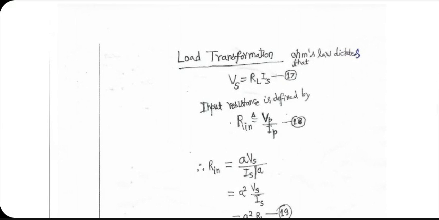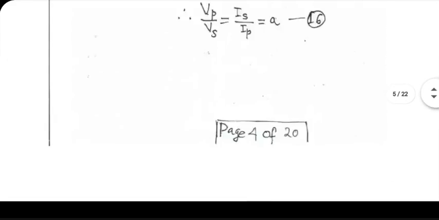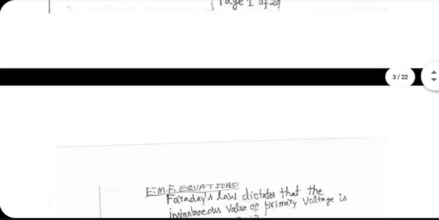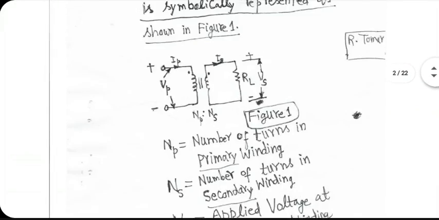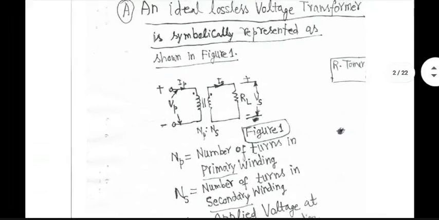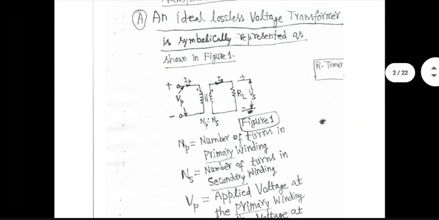Now, one interesting property the transformer has is that if you connect a load RL on the secondary side, it gets transformed to some other value when seen from the primary side. That is called impedance transformation. If you connect RL on the secondary side, it will look like something else if you view its effect from the primary side.